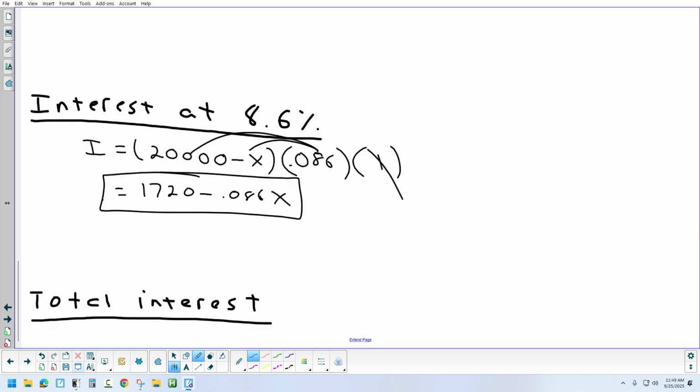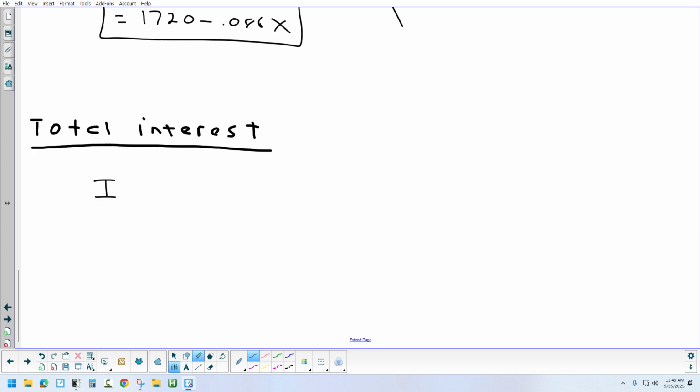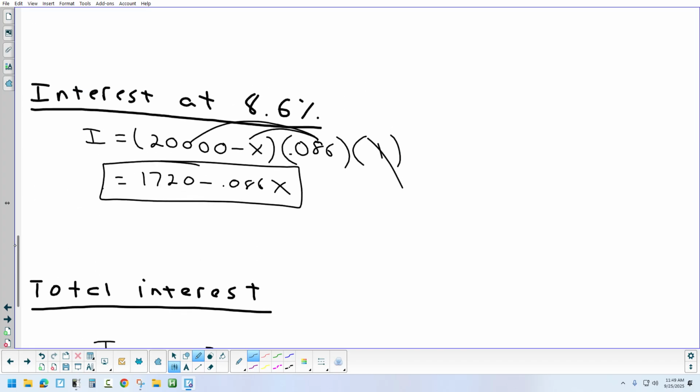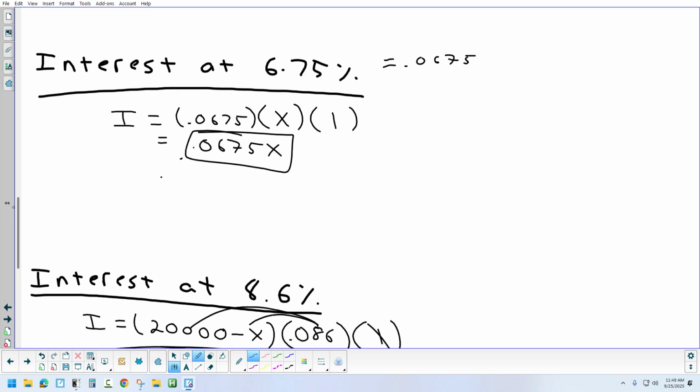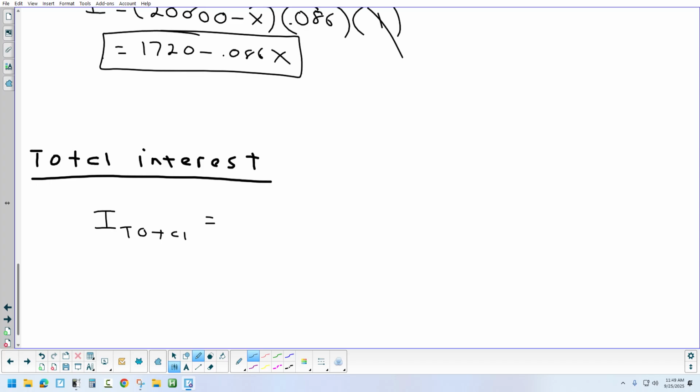Okay, so the total interest is how much he earns in the first account, 0.0675x, plus how much he earns in the second account, 1720, minus 0.086x.